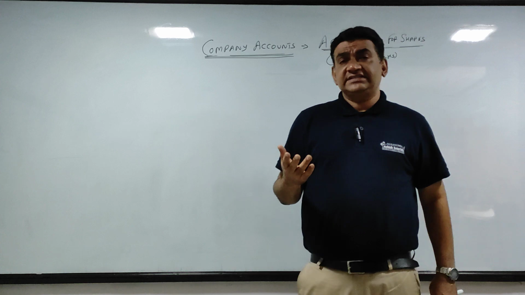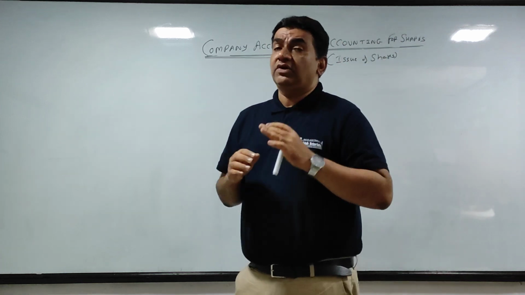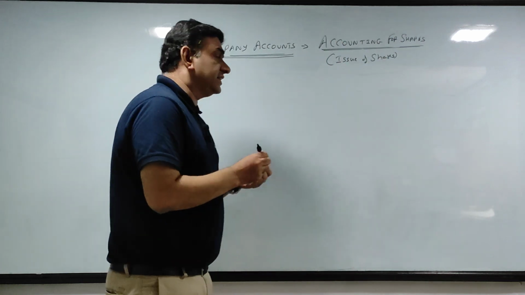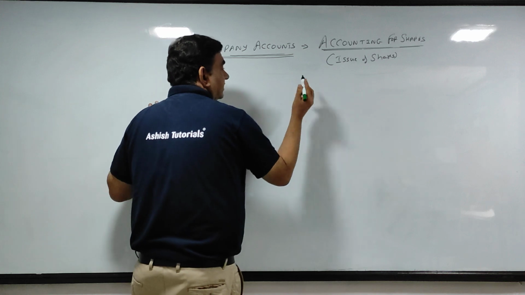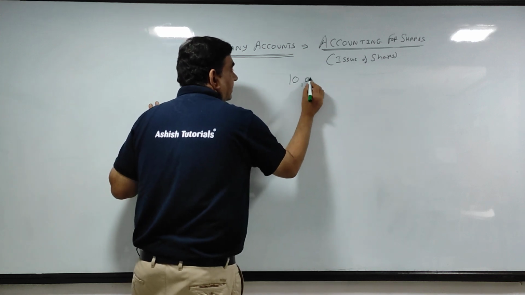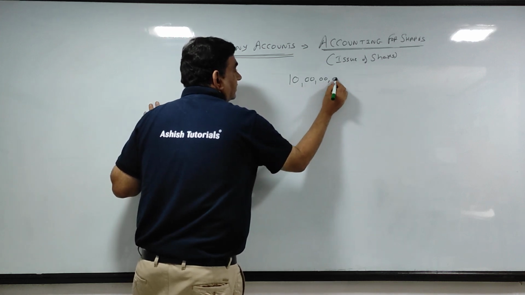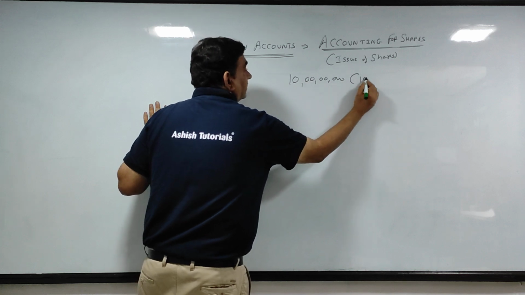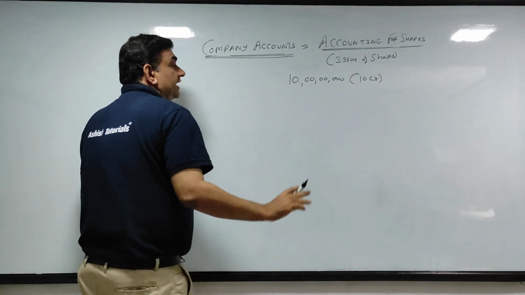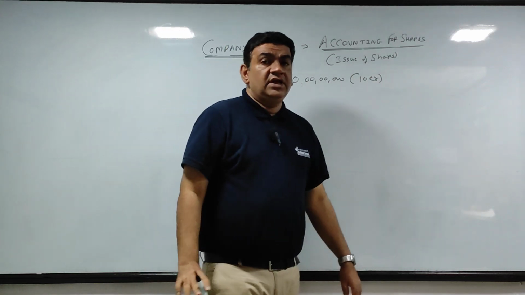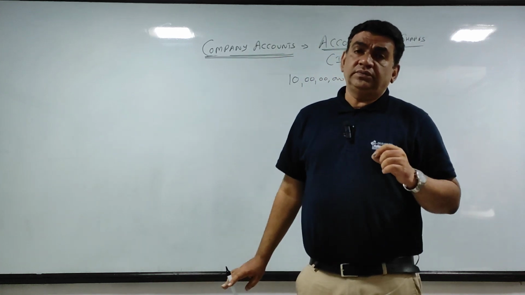A company, say for example, wants 10 crore rupees. Let's say a company is formed and they need 10 crores as a part of capital. Now what will they do?